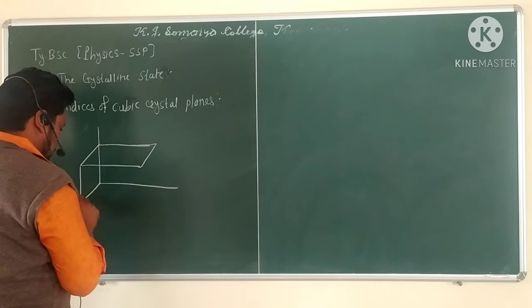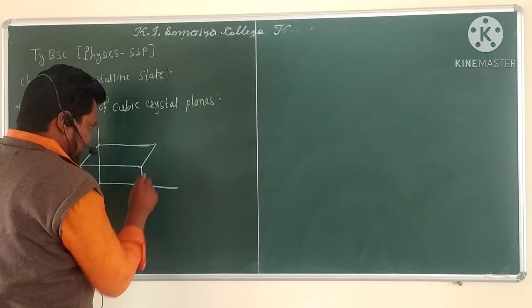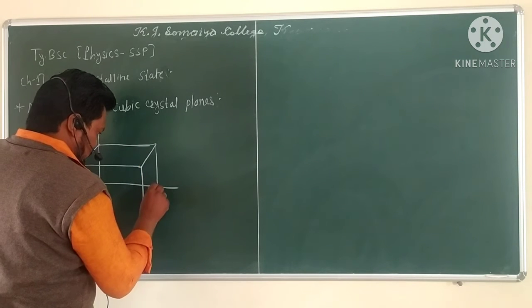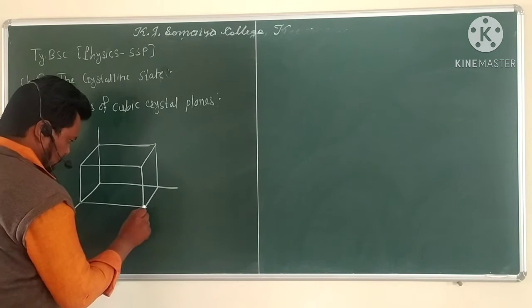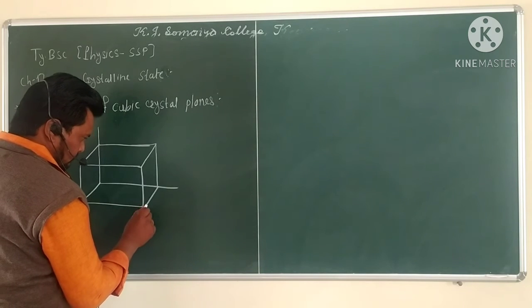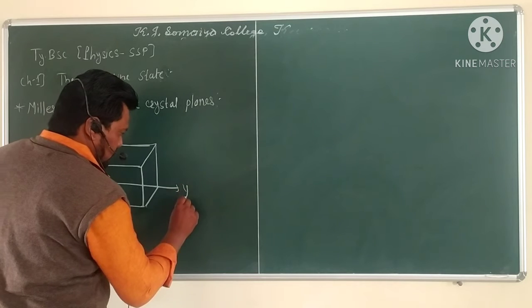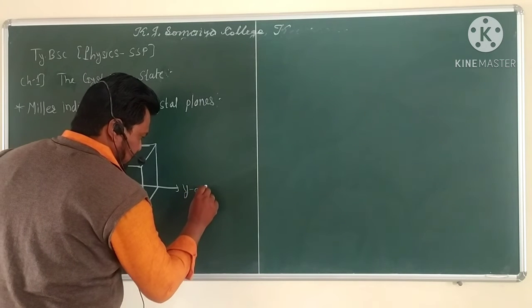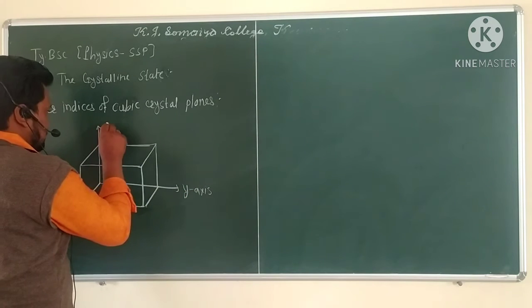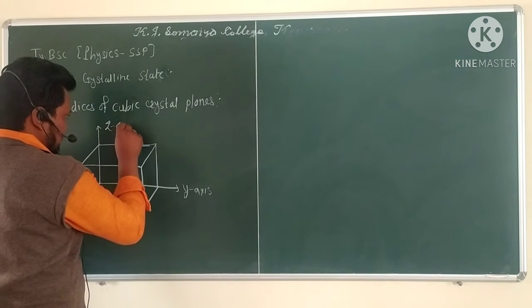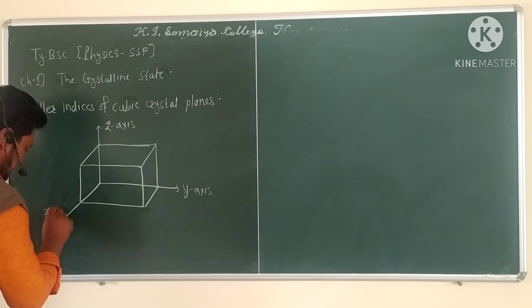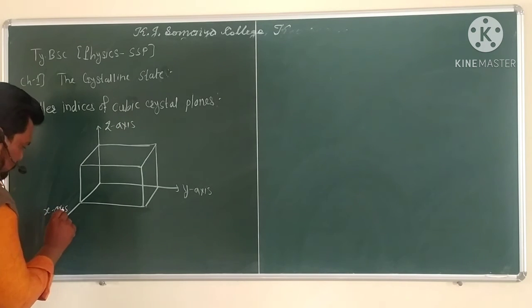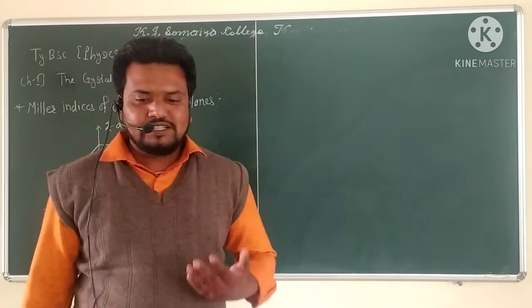So for example, this is the y-axis, this is the z-axis, and this is the x-axis.